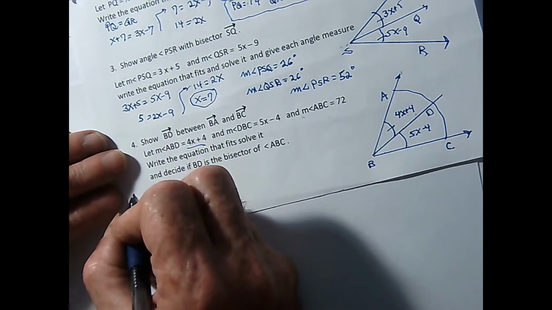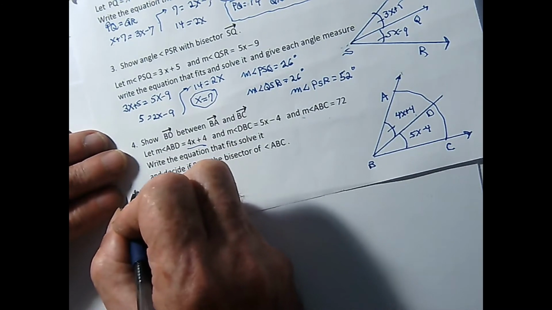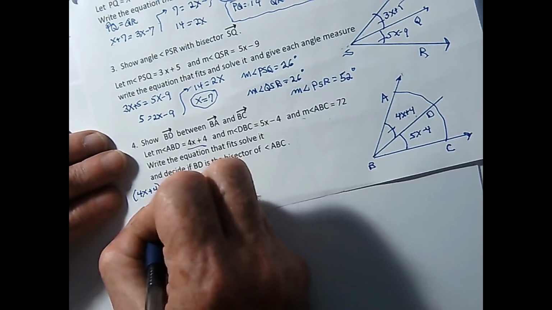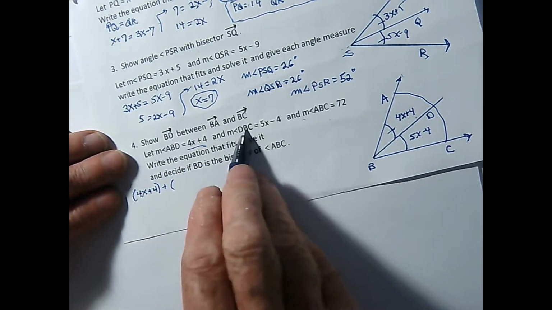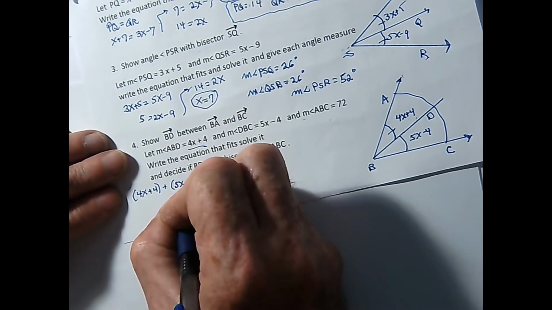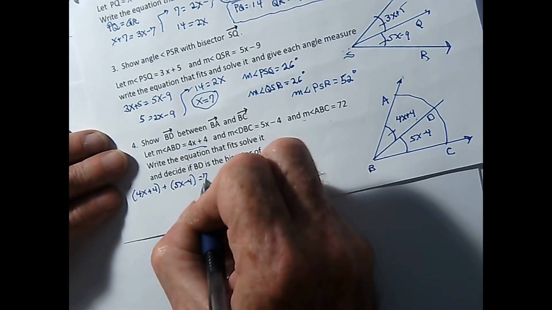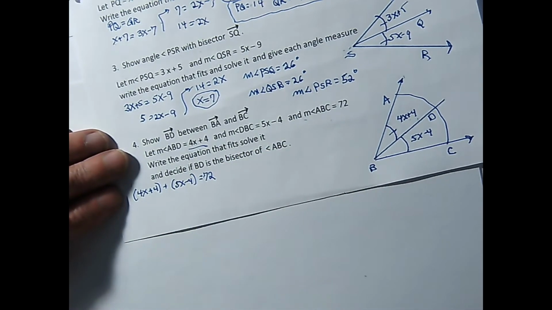So I would begin with 4x plus 4. That's the measure of angle ABD, plus the measure of angle DBC, which is 5x minus 4, would have to add up to the full angle, which is 72 degrees. Hope you wrote that equation before I did. Solve it before I do also.